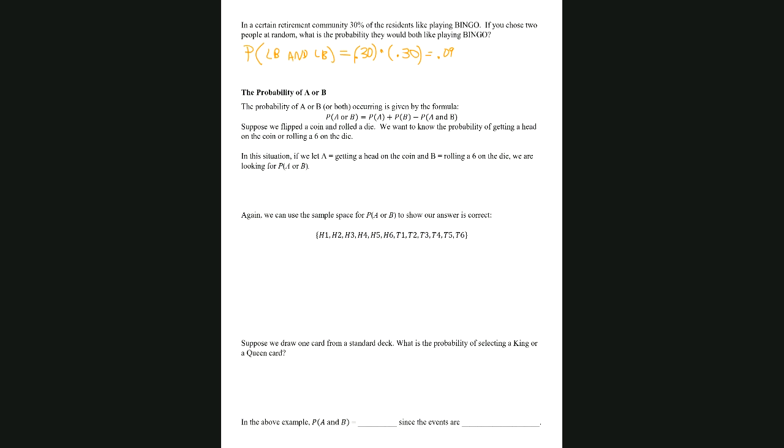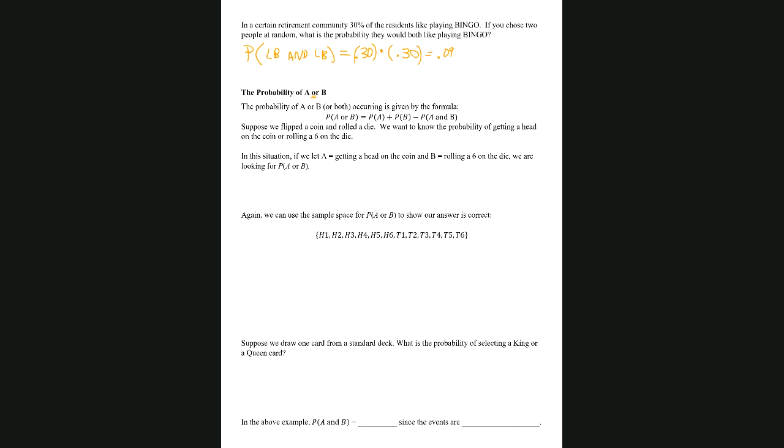All right. So what if we're talking about the probability of A or B? Now, or is different. With and, both A and B have to be involved, or A and B have to be true, or fit whatever criteria you're looking at.